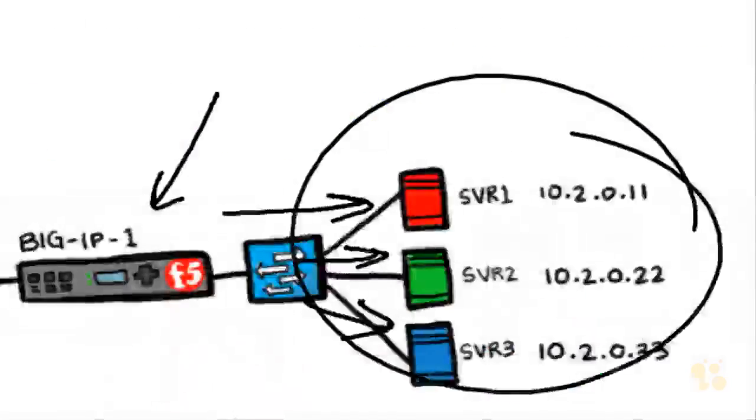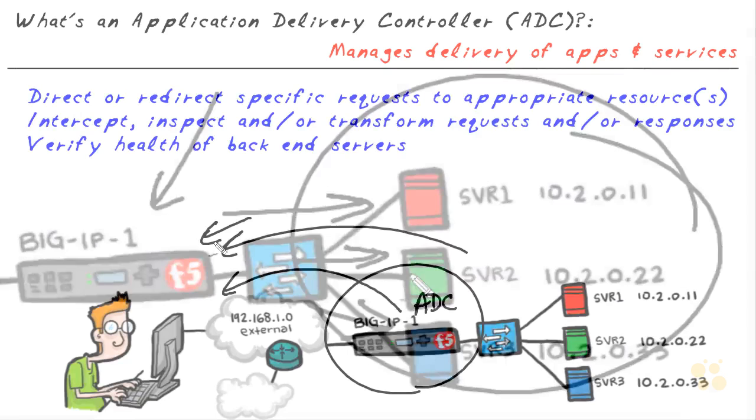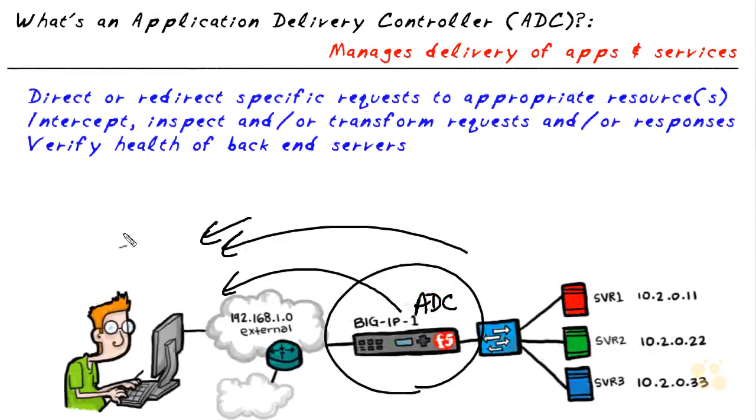By monitoring the health of those backend servers, it can help reduce the risk of sending a request to a server that is not even up, which at the end of the day is going to improve the end user experience in using that application, such as HTTP web services.